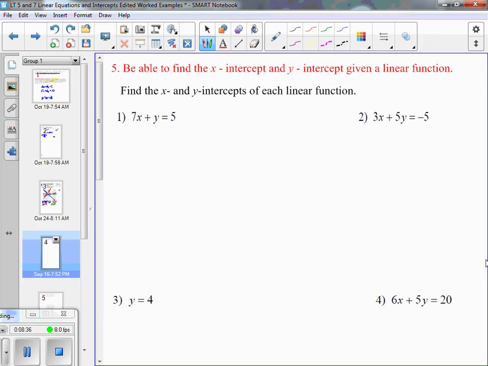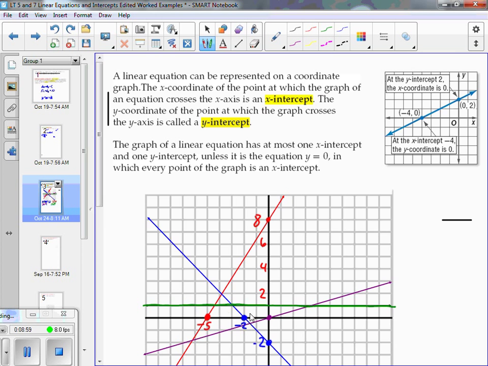All right. So here's how you do it. Write these examples down. You're going to need these. No matter what form the equation is in, to find the x-intercept, make y equal 0. Because, look back at the graph.